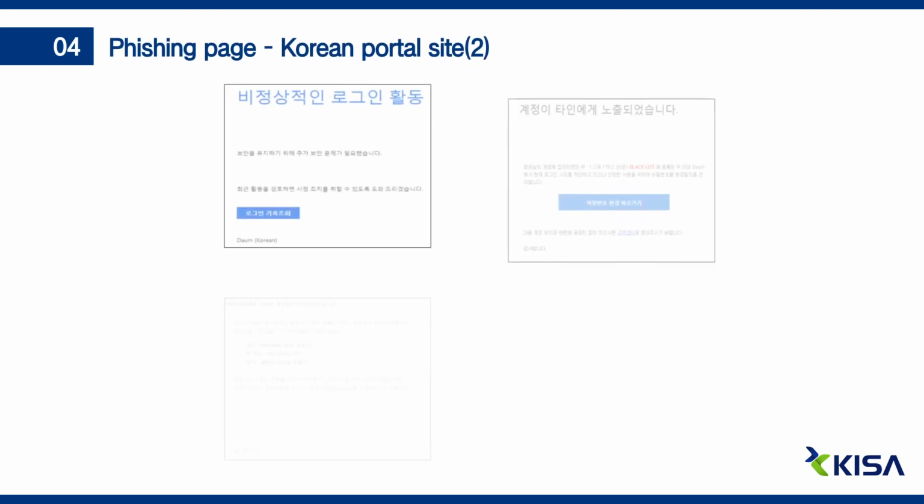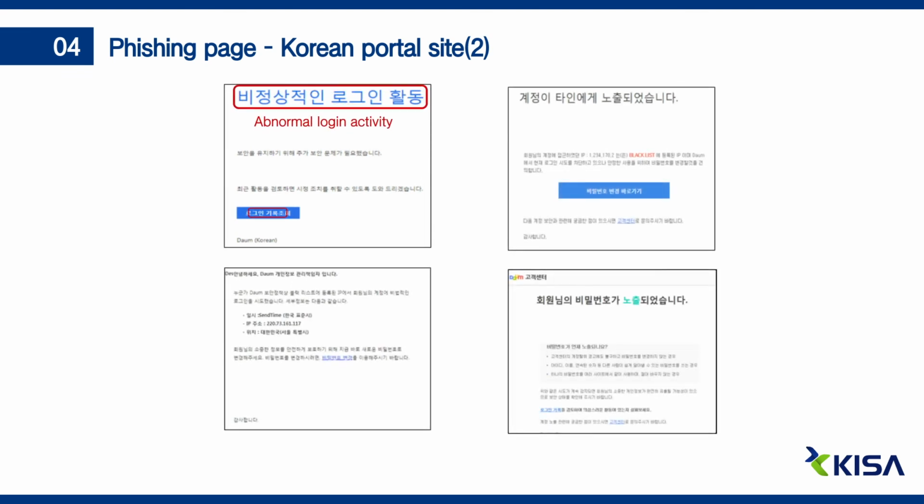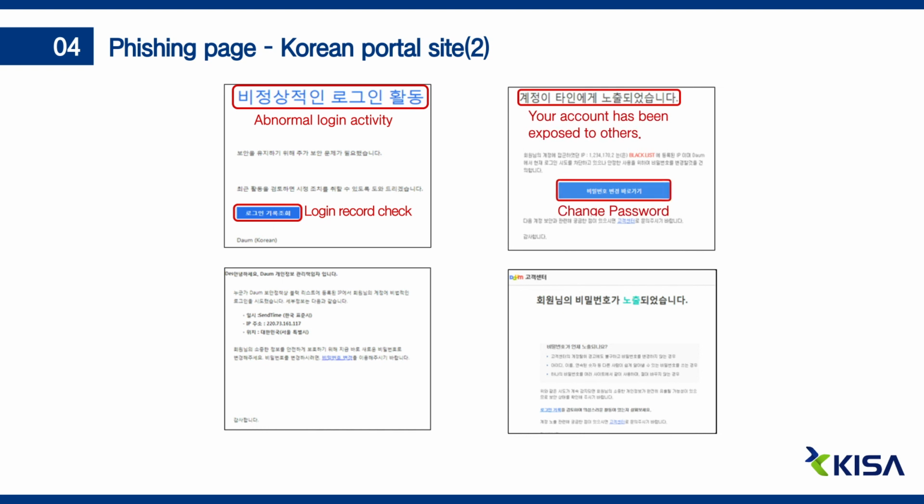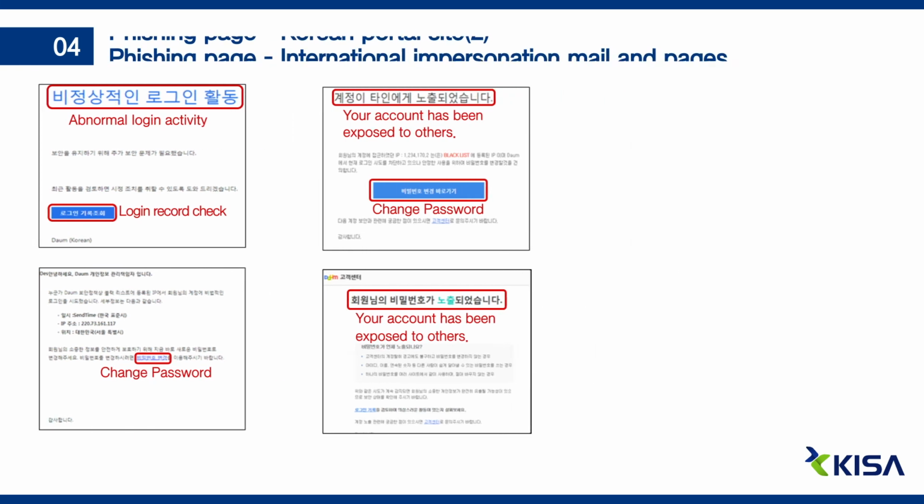The pages on this slide are warning messages from the customer center. Those pages usually talk about abnormal login activity, account exposure, password change recommendations, and security issues to carry out an attack. Please be aware that these phishing pages are implemented primarily by disguising them as trusted targets.